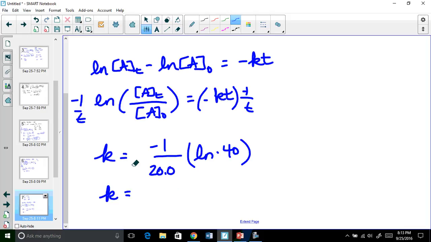You can't get half-life till you first get k. It's kind of like the problem before.